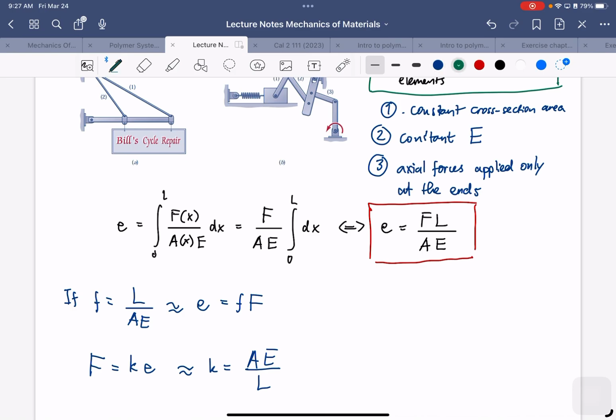So the f, we can express this as the elongation produced when unit force is applied. And we can say that this is the flexibility constant.